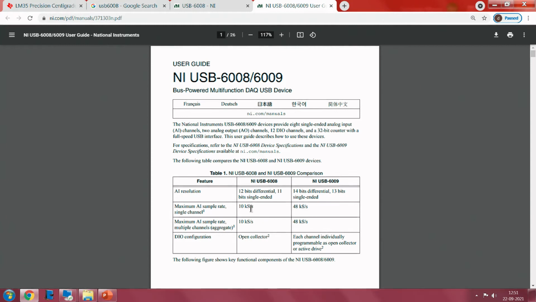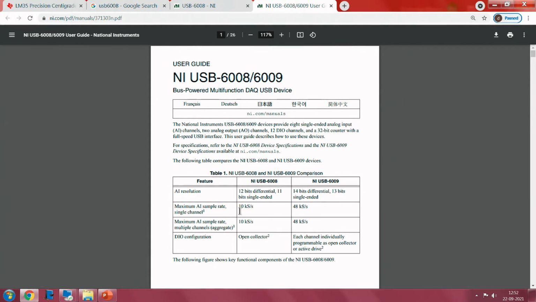That is the minimum number of samples required to understand the input signal, but to replicate multiple features, in general we use 5 to 10 times. Considering a factor of 10 times, 10 kilo samples divided by 10 means it can measure up to 1 kilohertz of frequency. If we use a lower factor, say 5, it can go up to 2 kilohertz as the input signal too.